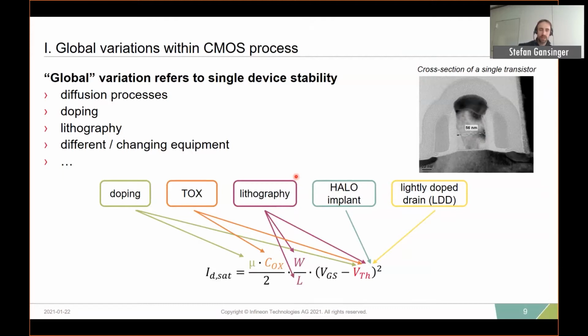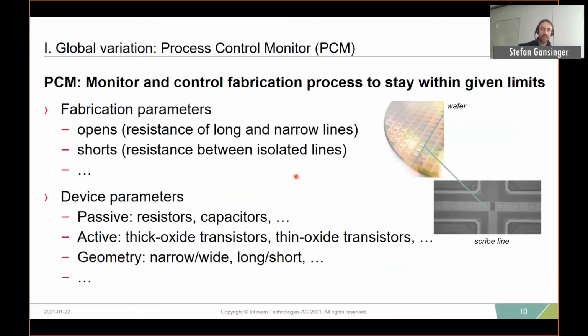This monitoring is typically done with so-called PCM structures, where PCM stands for Process Control Monitor. These are structures or devices which are placed in the scribe line of the wafer. So we have small devices, small structures, which can be used for measurement during production test.